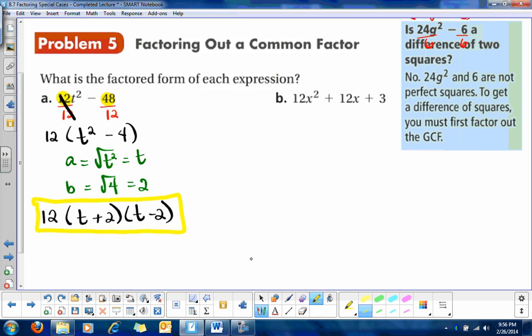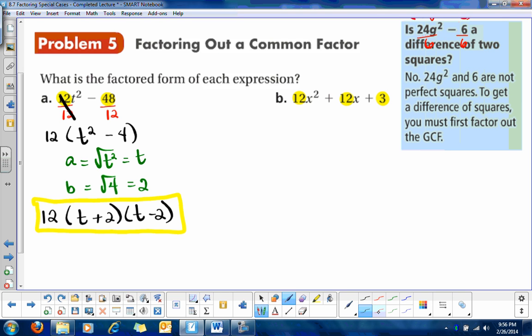All right, so let's see here. 12, 12, and 3. Well, no, none of those are perfect squares. So we're going to say, well, what can I factor out of those to decide if we have a perfect square trinomial?